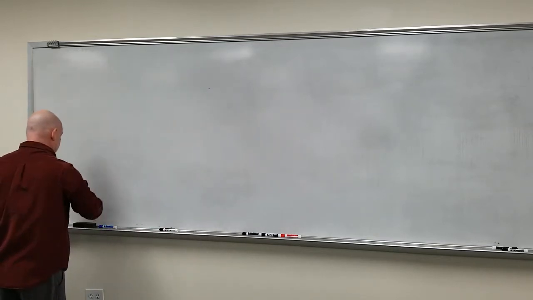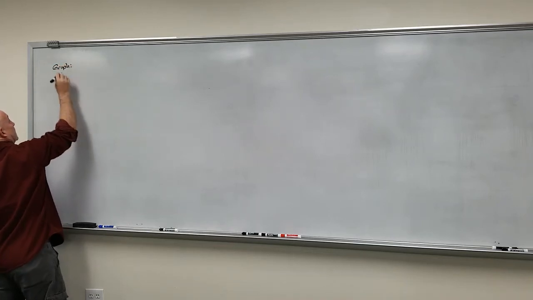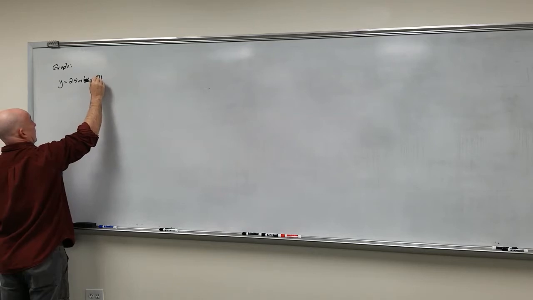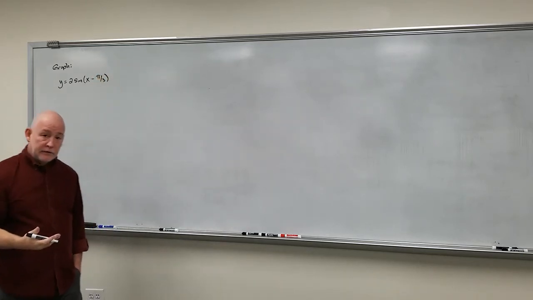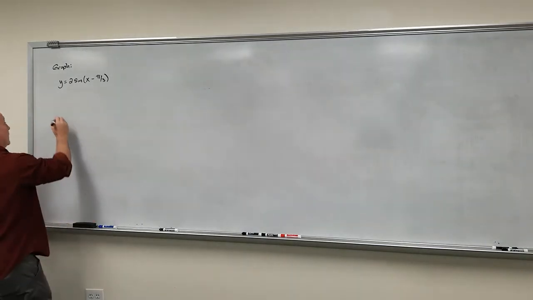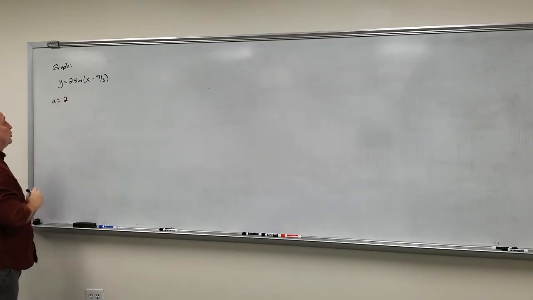So our directions for this is just going to be graph. Let's say I have y is equal to 2 sine of x minus pi over 3. All right, taking a look at this, we generally want to go through and answer all the questions that we just did. So first, let's start with our amplitude. Now the number out front is 2.